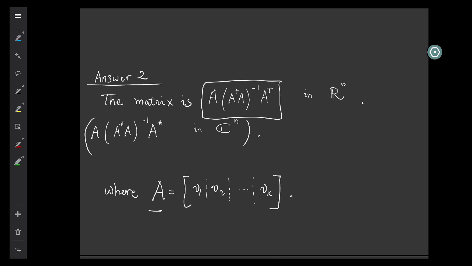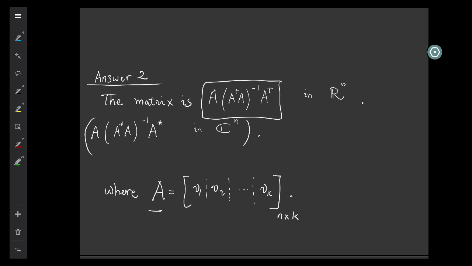That's very nice. But let's emphasize that A is an n times k matrix, so it's not a square matrix. We cannot talk about the inverse of this matrix per se.